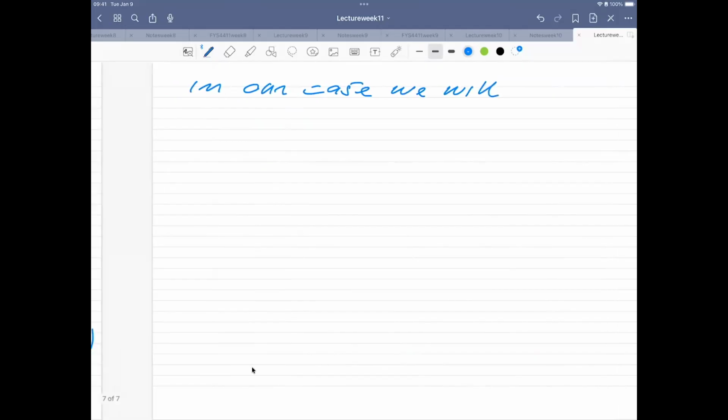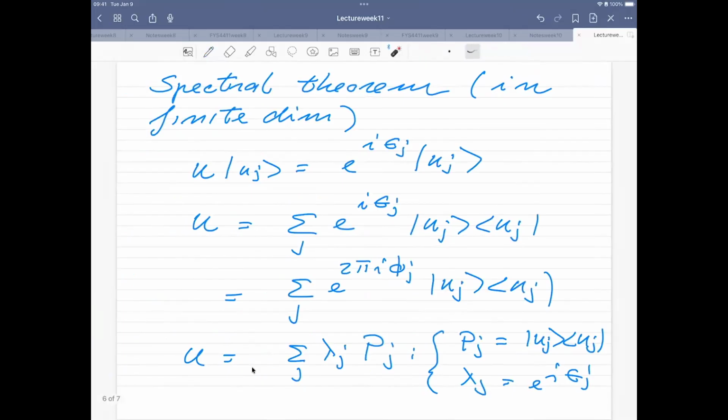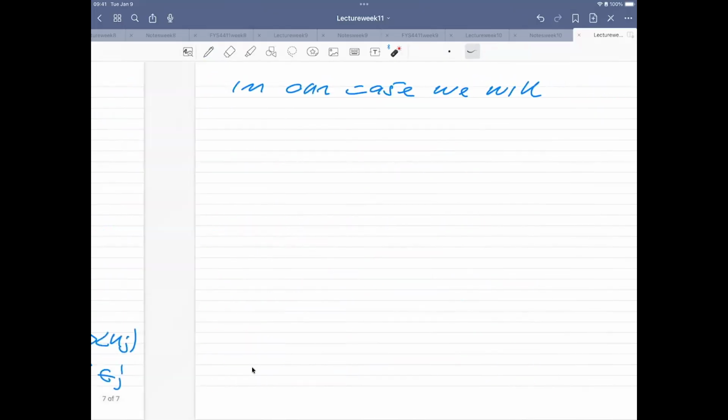So the QPE algorithm actually deals with how to find this to a given precision. But then you may ask yourself, how do we link this with the eigenvalues of a Hamiltonian?